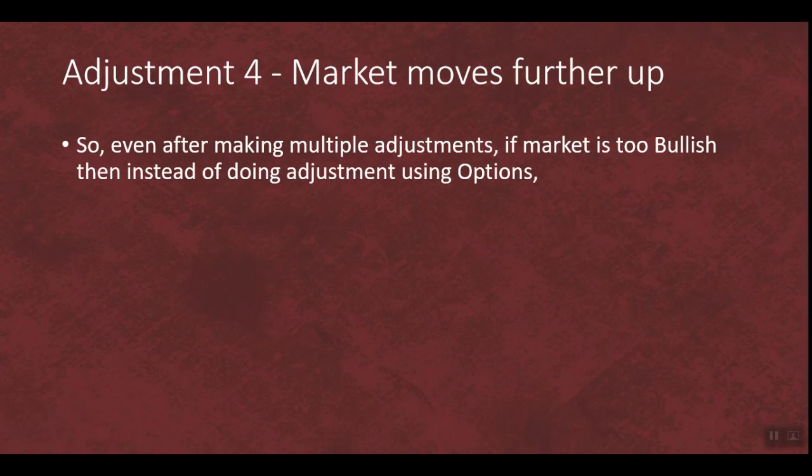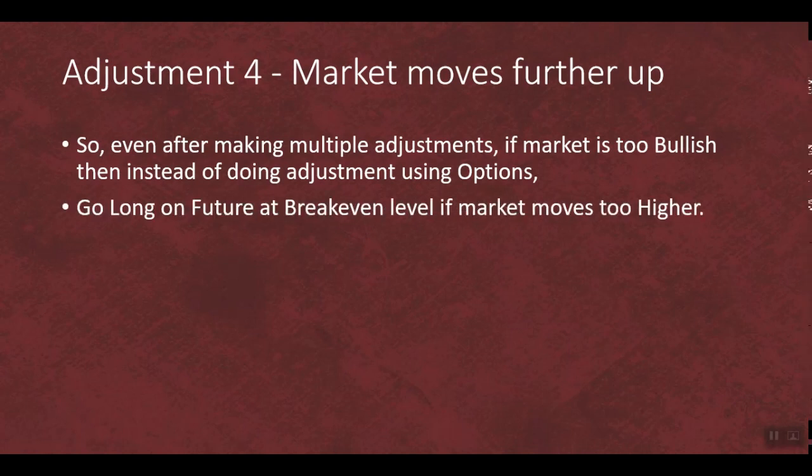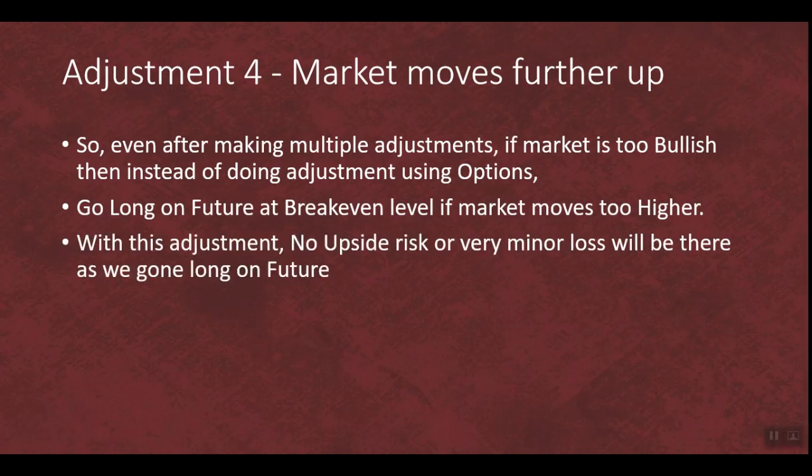Adjustment 4, if market moves further upside. Even after making multiple adjustments, if the market is too bullish, then instead of doing adjustments using options, go long on future at break even level. With this adjustment, no upside risk or very minor loss will be there, as we have gone long on the future, right?